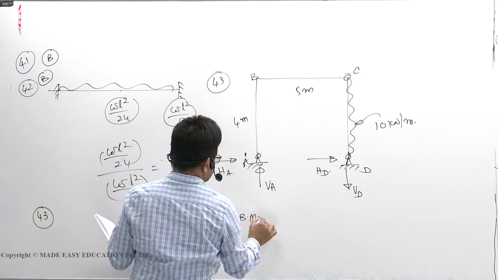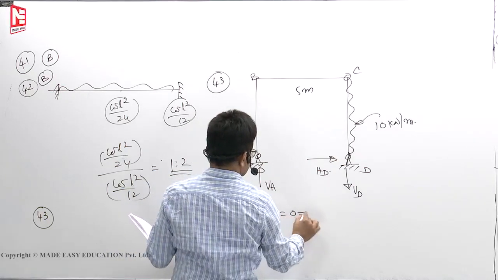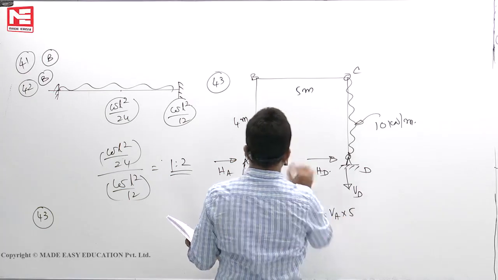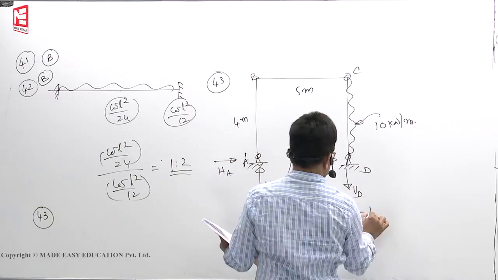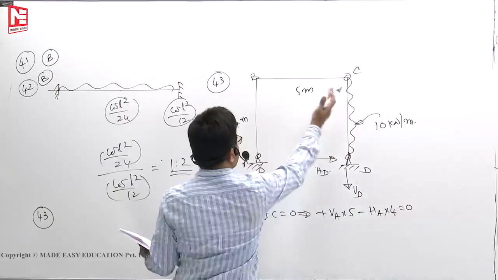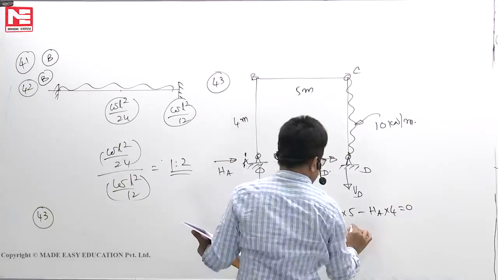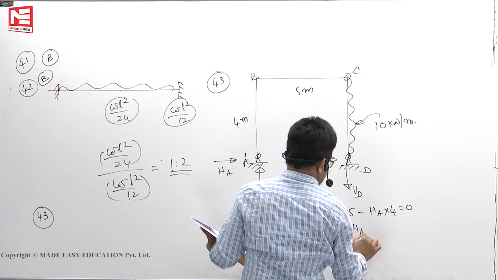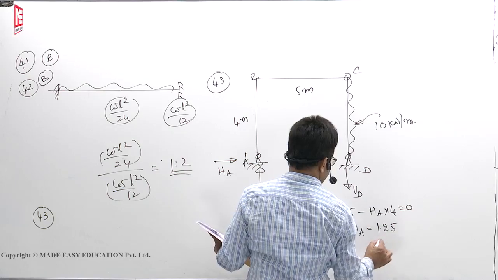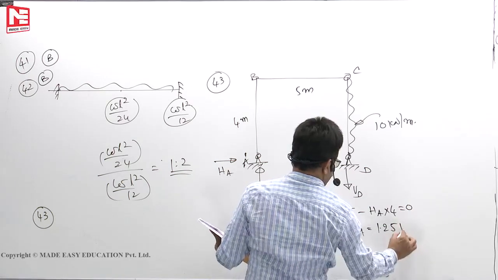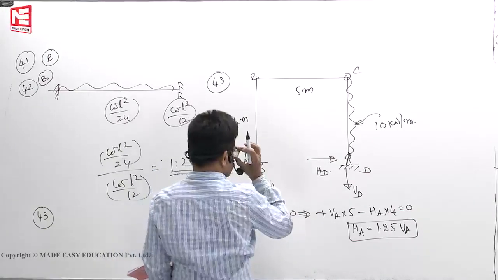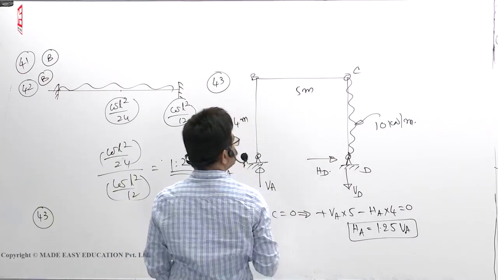First we'll write it: plus VA into 5 minus HA into 4 is equal to 0. Stand here, look left. So HA you will get 5 by 4, that is 1.25 VA.